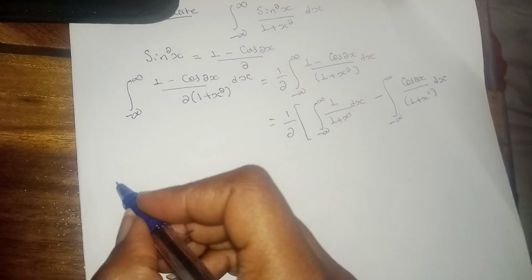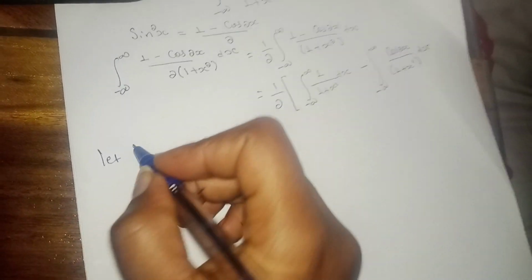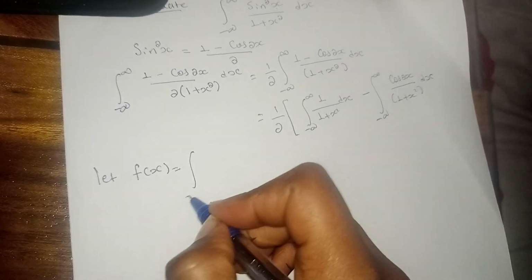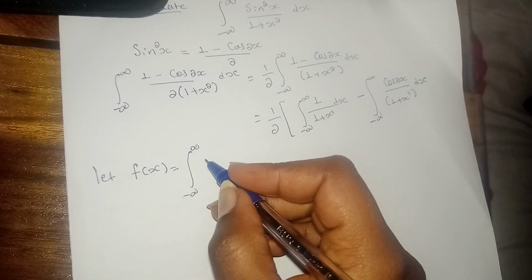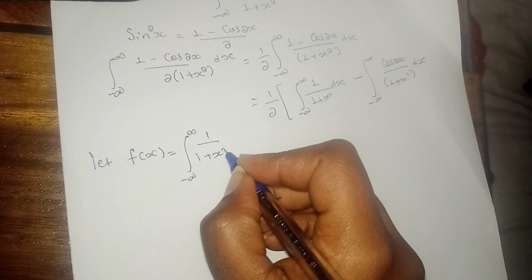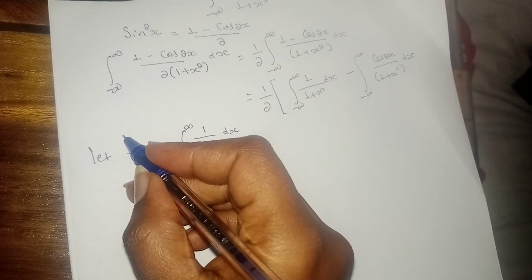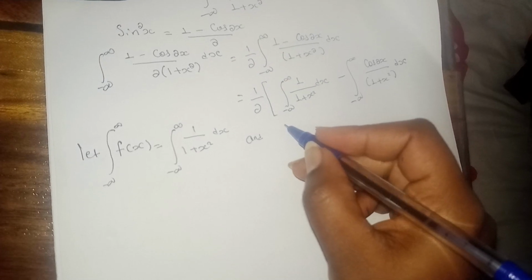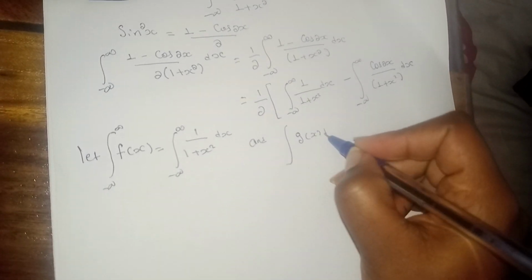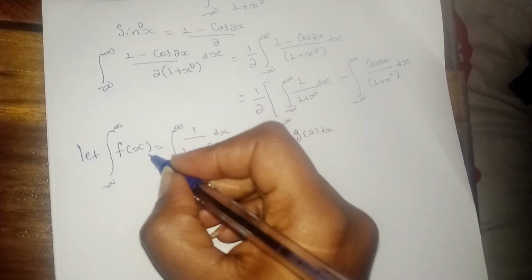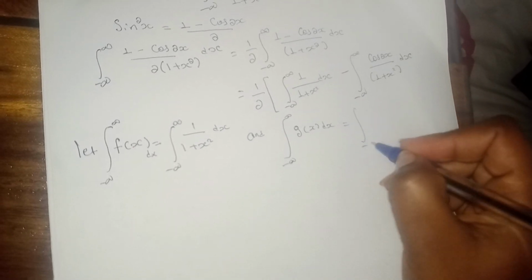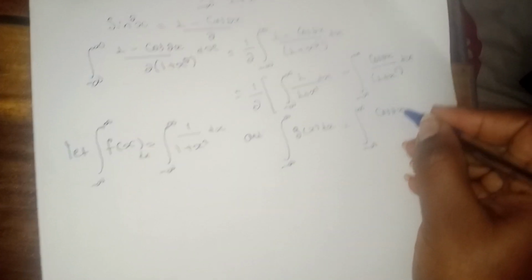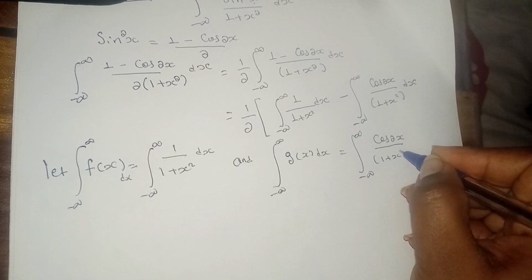Now let's say f of x is the first integral, the integral from minus infinity to infinity of 1 over 1 plus x squared dx, and g of x is the same as the integral from minus infinity to infinity of cos 2x over 1 plus x squared dx.